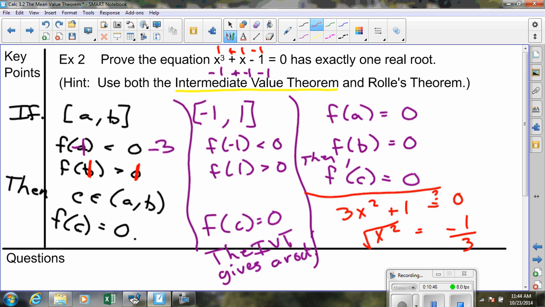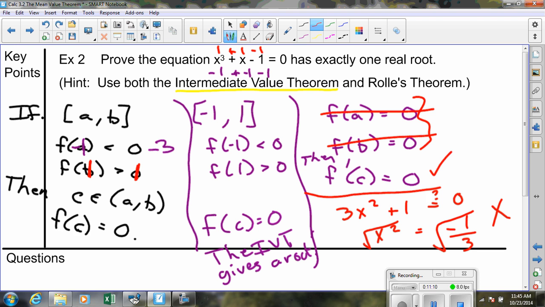Can you take the square root of a negative? No. So, Rolle's theorem would guarantee there must be somewhere where there's a derivative of 0, except it can't happen, which tells us our beginning assumption has to be wrong. There are not 2 roots.